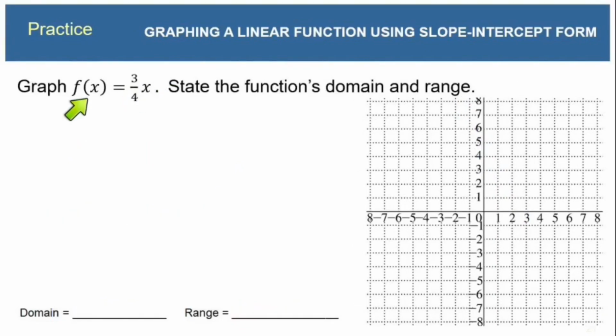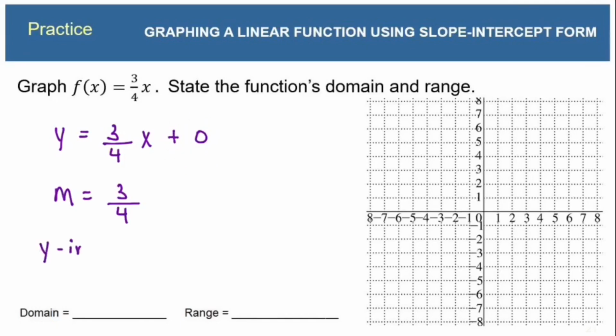So this one just says f of x equals 3/4 x. Well, if we had to have a constant term to know where the y-intercept was, that constant term would have to be 0 because there's nothing there. So now that you see it written this way, you can know that the slope of this line is going to be 3/4, and the y-intercept is going to be (0, 0).